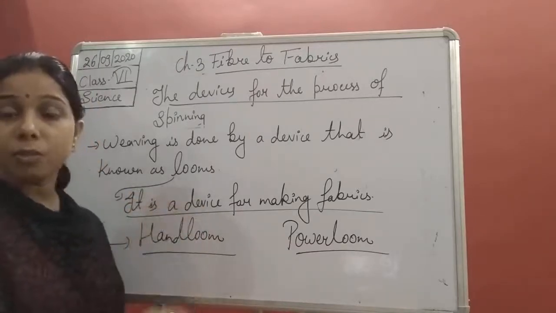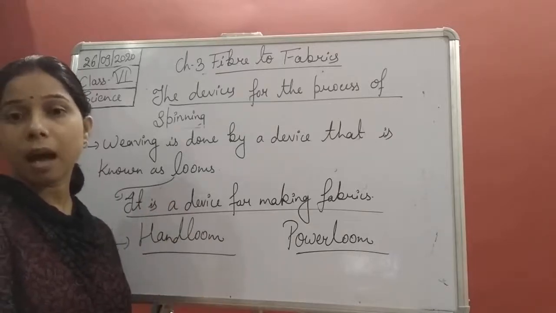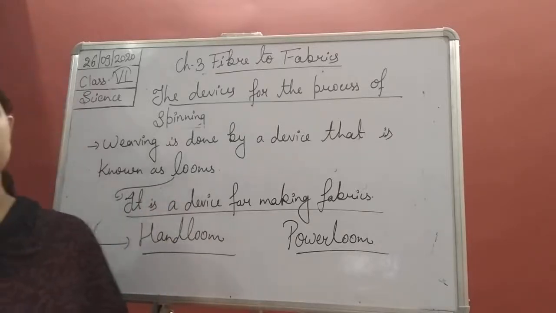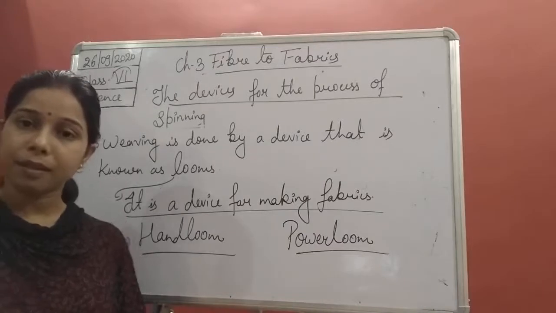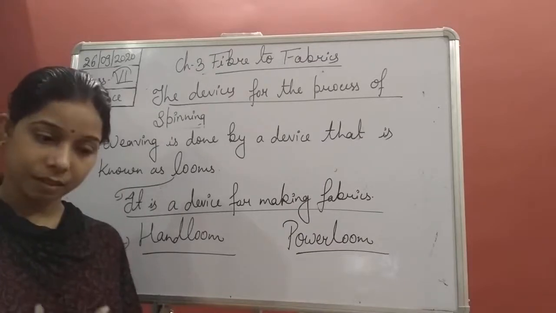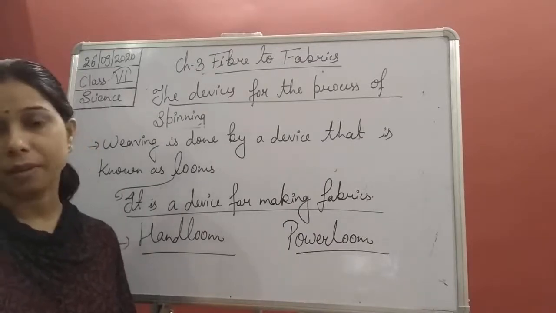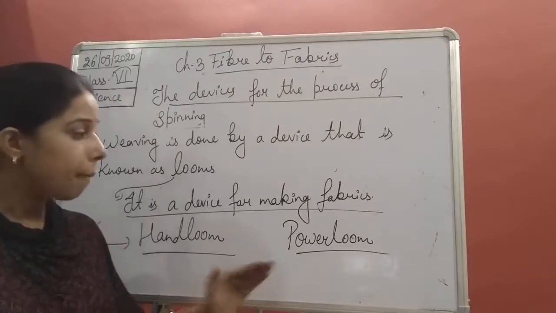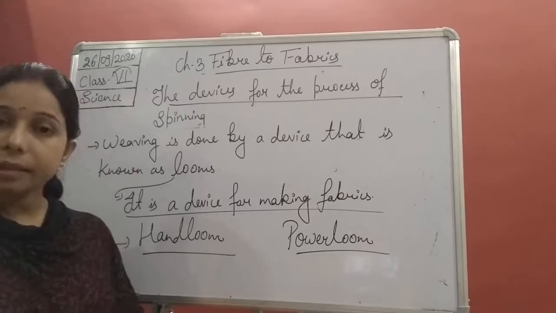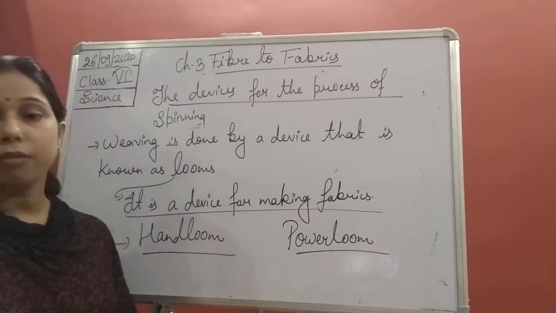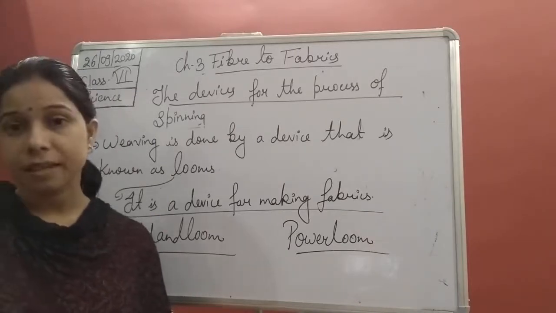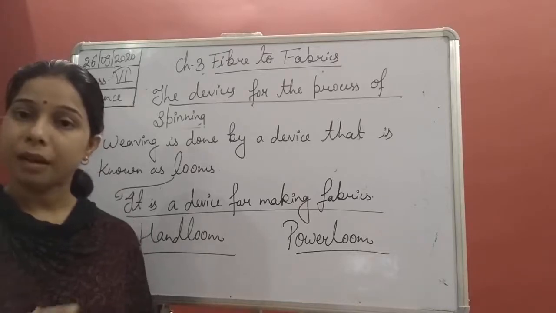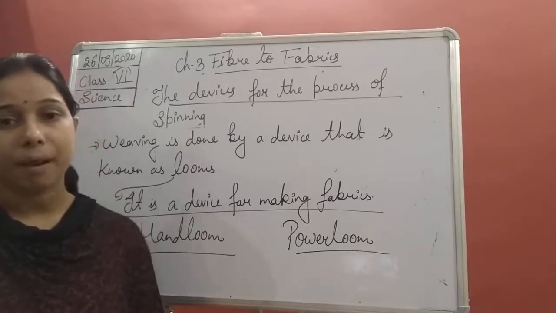A device which is operated with the help of the hand, and which helps in converting the yarns to fabric, is known as a hand loom. Power loom is what, students? It is a device in which we use machines to prepare the fabric from yarn.